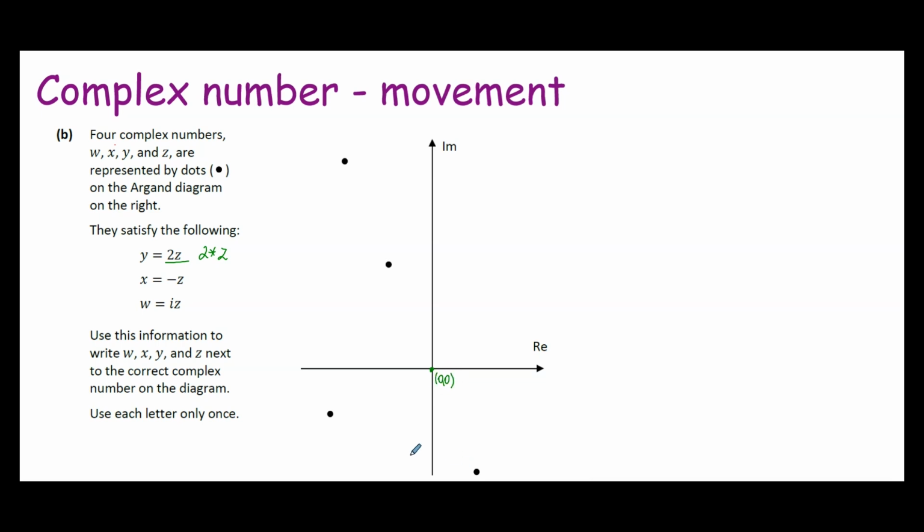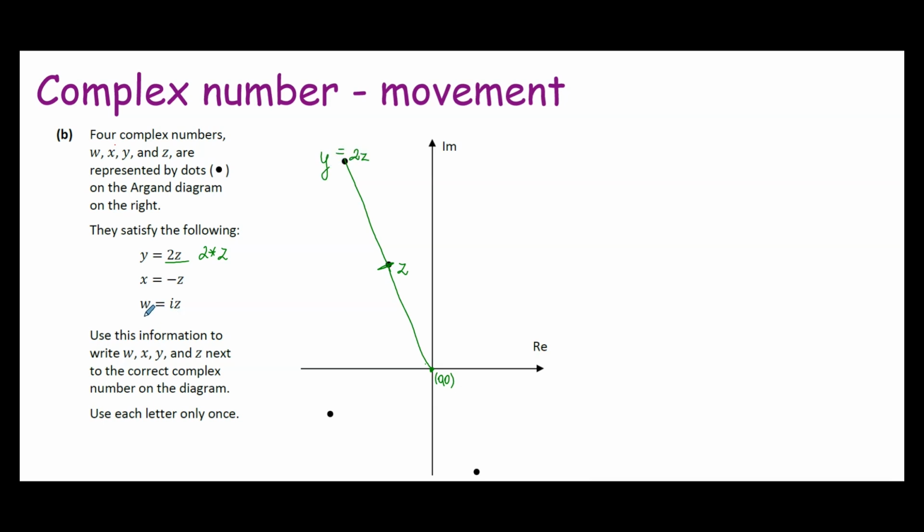So the position will change, but when we are talking about length, if I move again the same distance on the same line, I'm going to get twice as far from the origin. Therefore, this value here will be z, and this value here will be 2z, which is y.